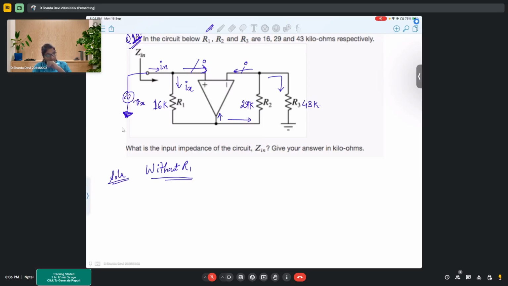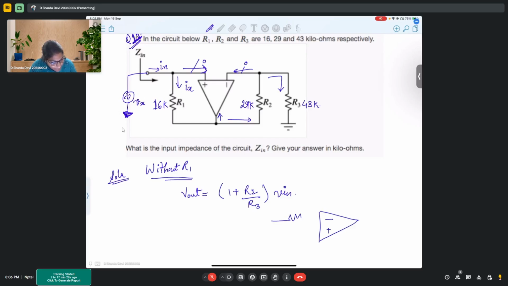If it is a non-inverting amplifier, we know that V out is 1 plus R2 by R3 into V in. So this is how the circuit should look. If I draw a simplified diagram, it is like this.